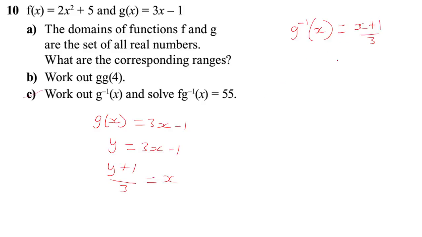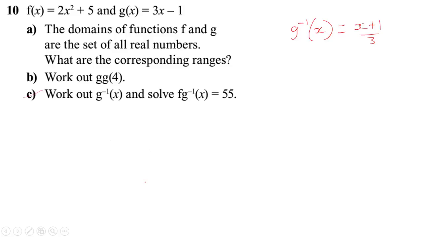So we've done that. Then the next thing they want us to do is to find f inverse of g of x equals 55. So it's a composite function now. We've got the inverse of g of x, and all we need to do now is to make it become the input for f of x, then equate it to 55. Okay, so let me do that for you.